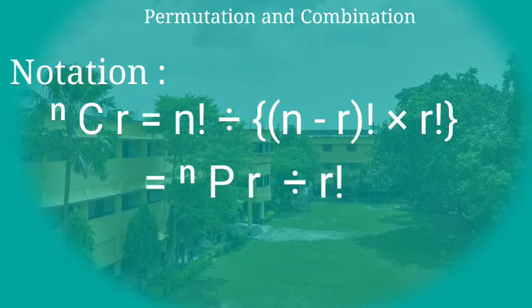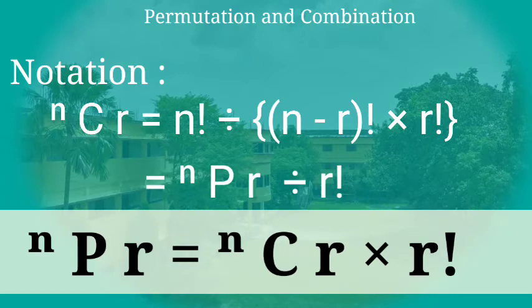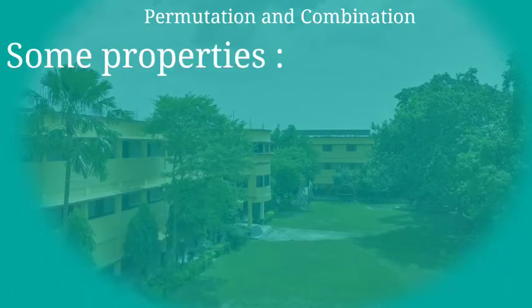So if I divide nPr by r factorial, that gives us nCr. From here we get a relation between nPr and nCr: nPr is equal to nCr into r factorial. Let's see some more properties of combination.